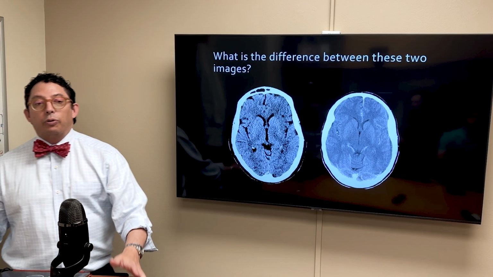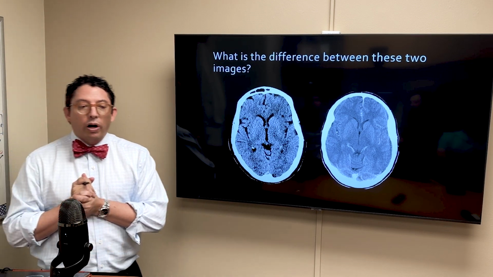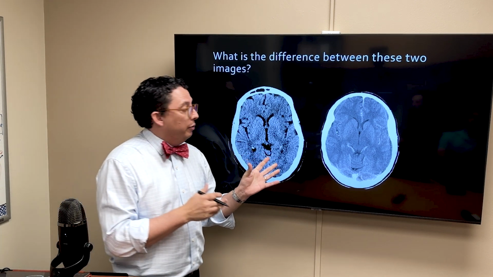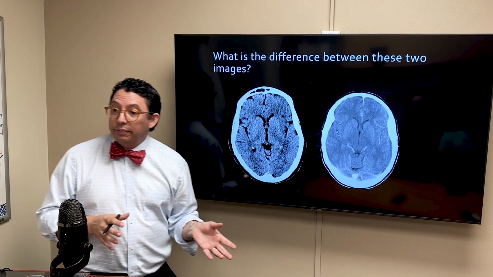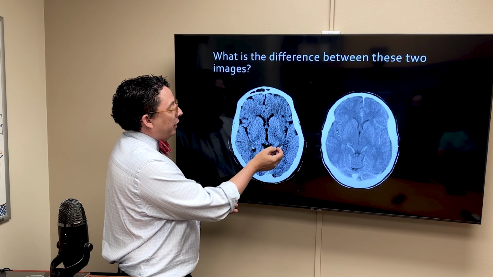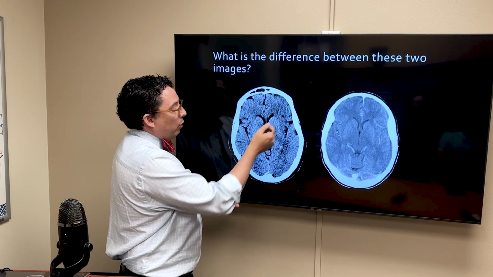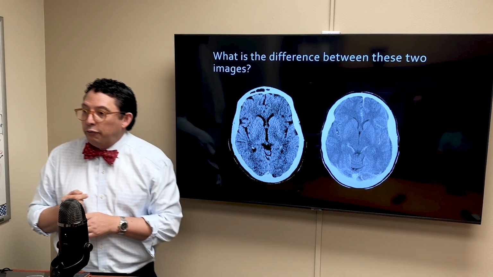So let's get to another section of the talk, which is what else can we do with CT that makes it a little bit different. So here we have two CT images. And they're both CTs, we agree on that. You can see in this one, as we saw last time, the gray and the white matter. And then we have this other CT, which is slightly different.